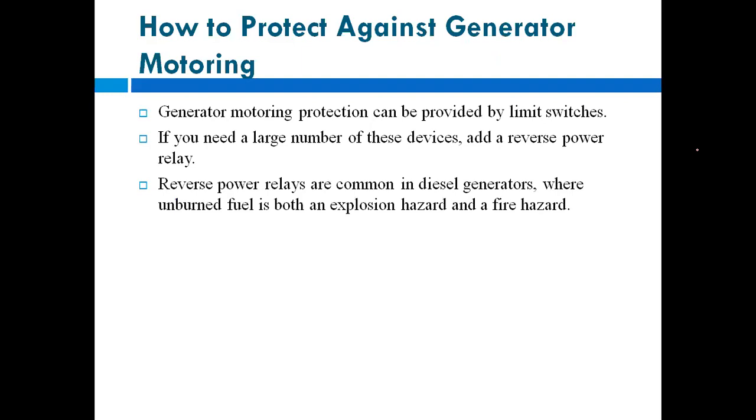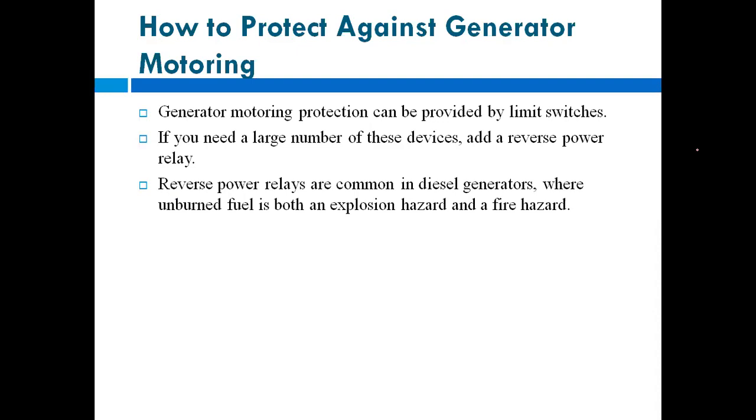Then how do we protect the generator against the motoring mode? Generator motoring protection can be provided by limit switches. And if you need a large number of these devices, add a reverse power relay.